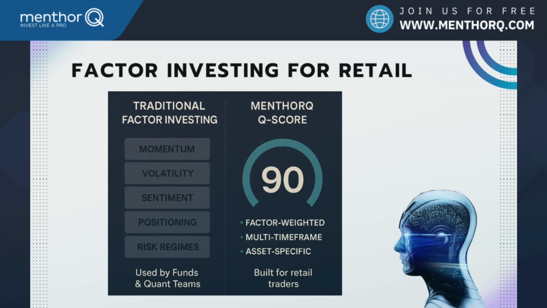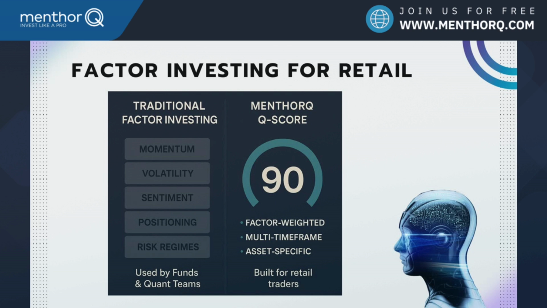Each asset is scored based on multiple weighted factors to help you assess conviction, identify high probability setups, and avoid noise. The Q score can also be used to confirm your theory or your strategy, so you can use it in conjunction with your own methodology as well, and that can help you add additional value to your strategy.